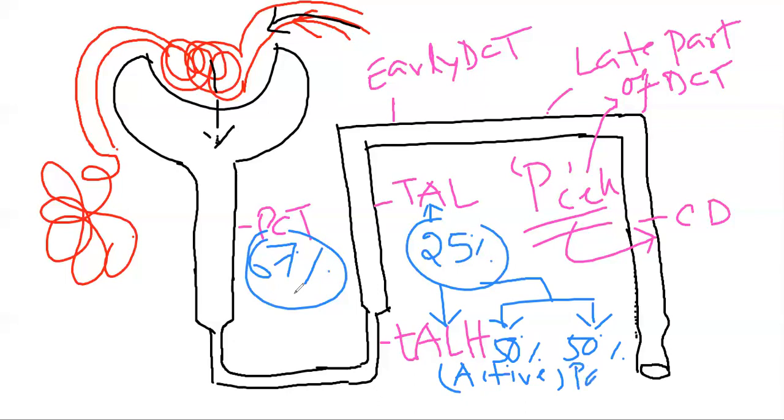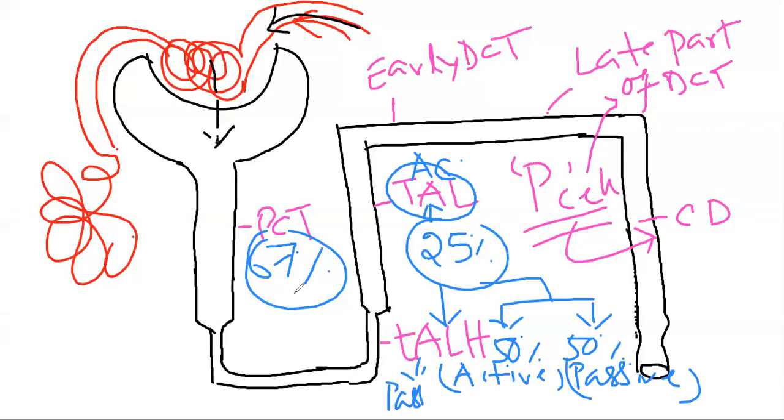So in the thick ascending limb there will be active reabsorption, and in the thin ascending limb there will be passive reabsorption.